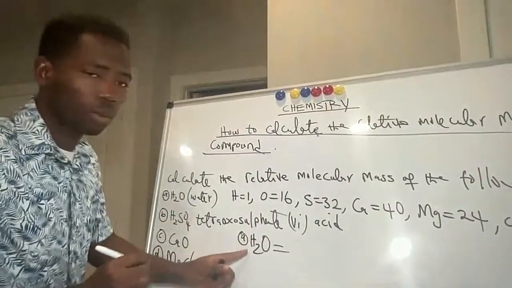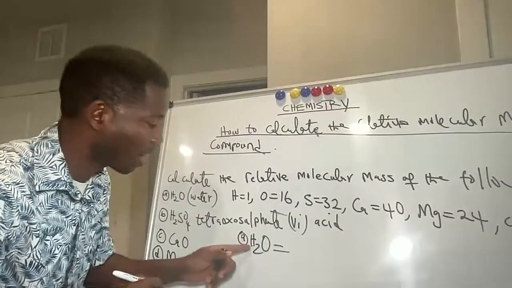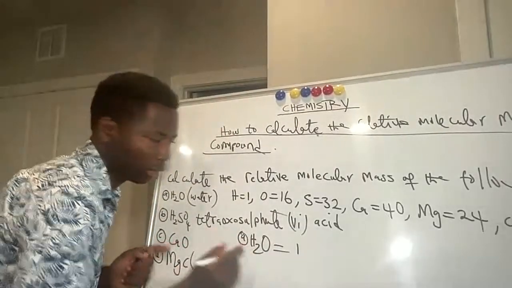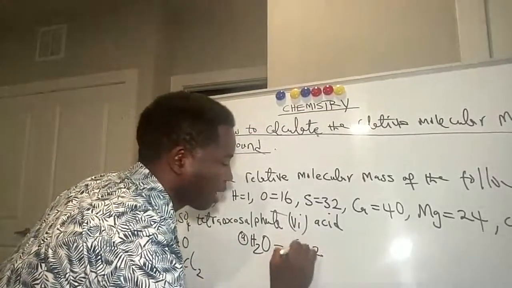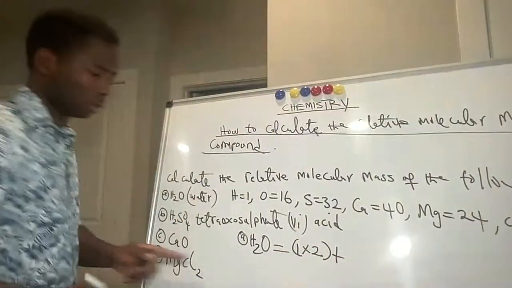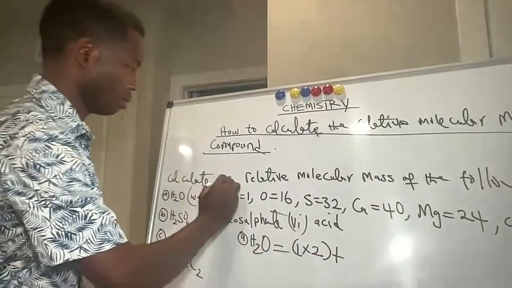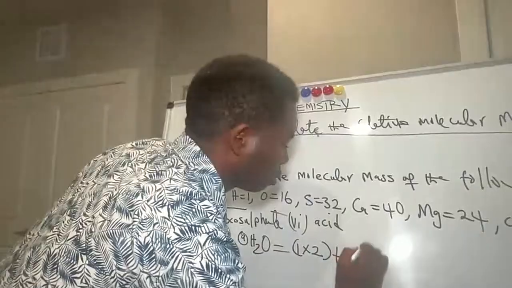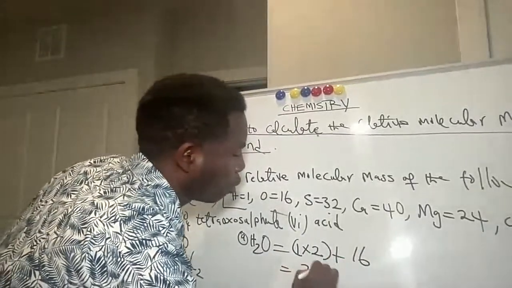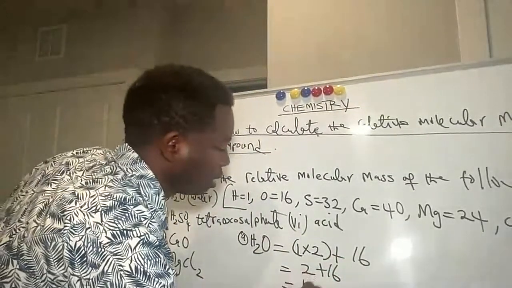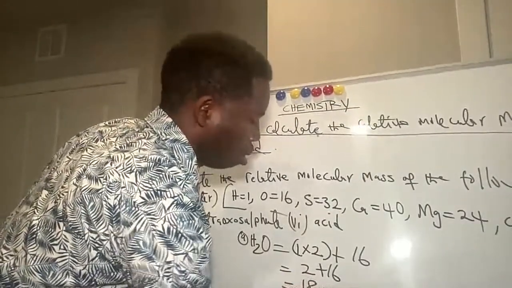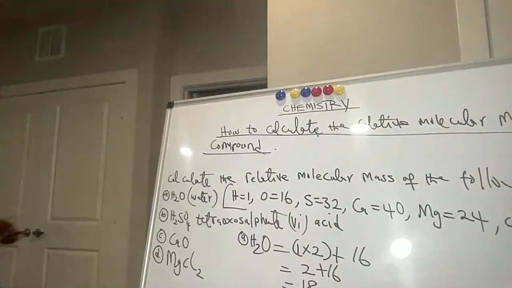So water. Now, what is the mass number of water? Of hydrogen is 1. Don't forget your subscript, which is 2. There is 2 here, okay? Times 2, bracket open, bracket close, plus, what is the mass number of oxygen? Is it not 16? It's 16. Which is equal to 2 plus 16 is equal to 18. 18 grams per mole.